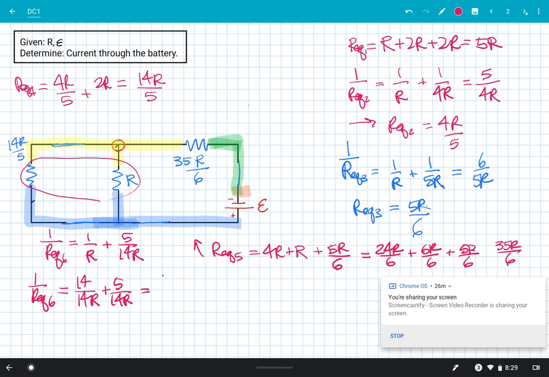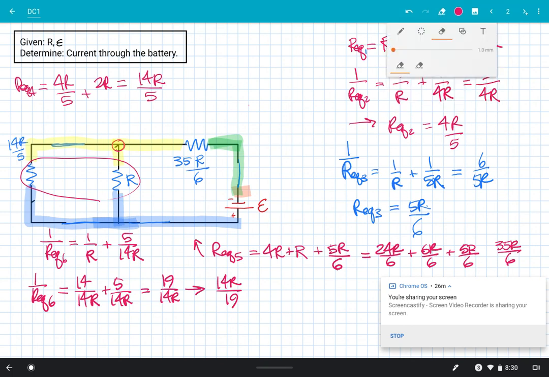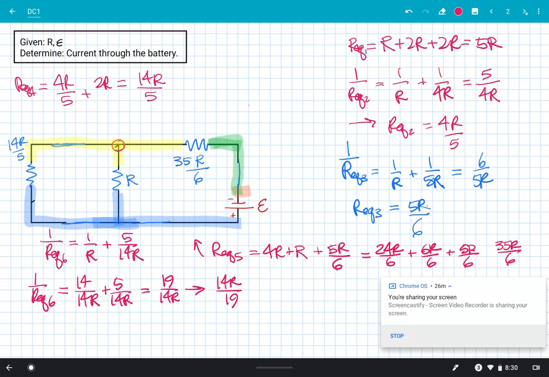So that gives me 19 over 14R. I need to flip that around, right? So that goes to 14R over 19. And that becomes my equivalent resistor for that pair in parallel. Let's go ahead and do that.